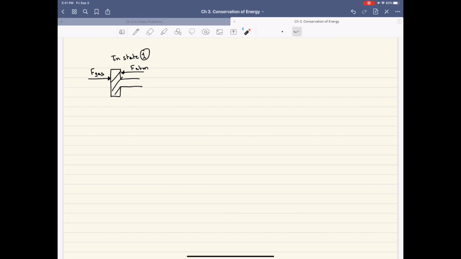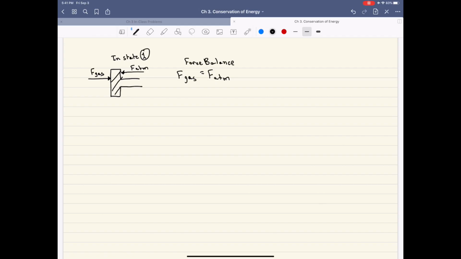Those forces are balanced, and as a result, there's no net movement of the piston. So force gas is going to be equal to force atmosphere. All right, and so this is our force balance. I should write it out here.